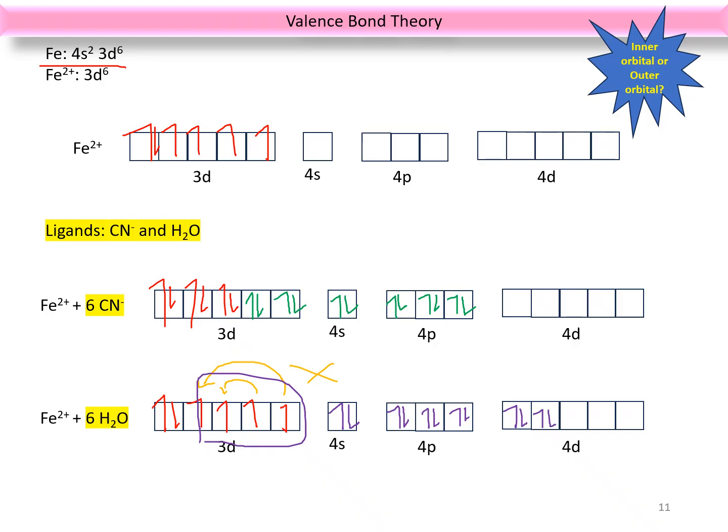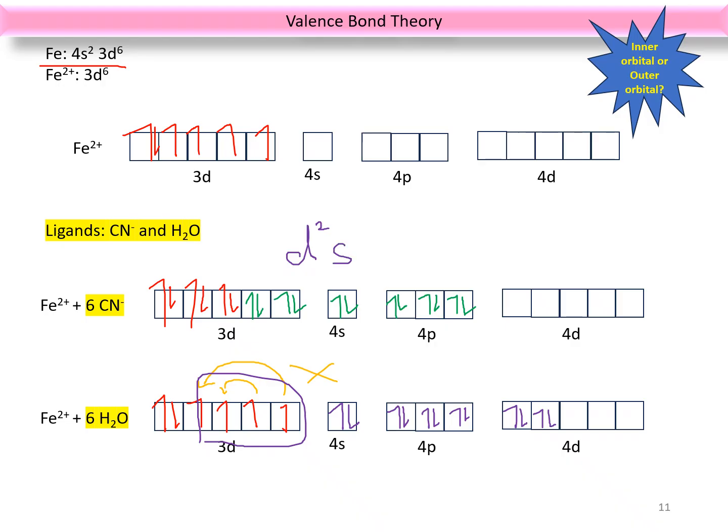So what is the hybridization of iron 2 plus with 6 cyanide? This is d2sp3. Why is it d2? Because cyanide uses 2 orbitals from the 3d, so d2.